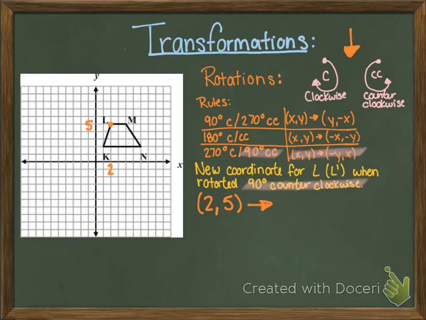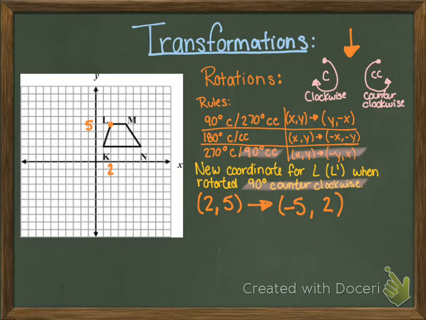Now, the first thing is we need to flip our coordinates. So I'm going to do 5, 2. After I flip it, it also says that I need to make my Y value the opposite sign. So since it is originally positive, I'm going to make it negative. So our new point after rotation should be at -5, 2.